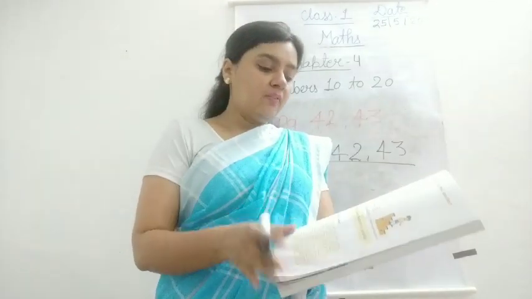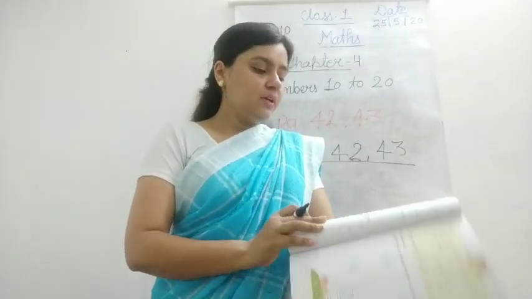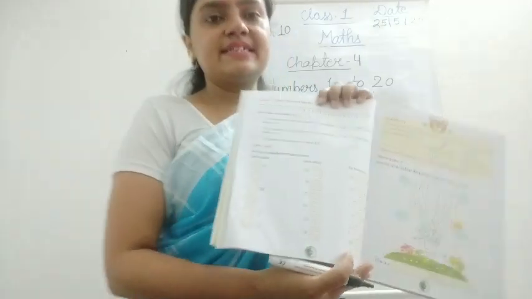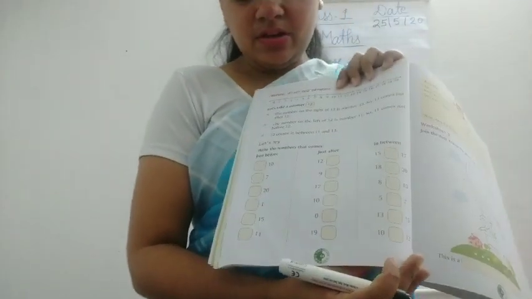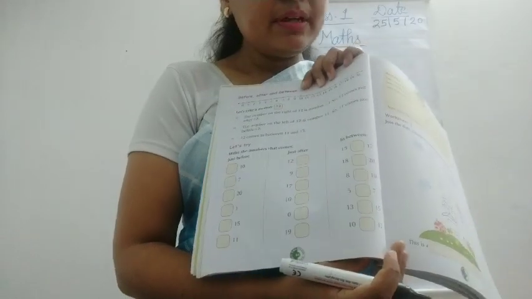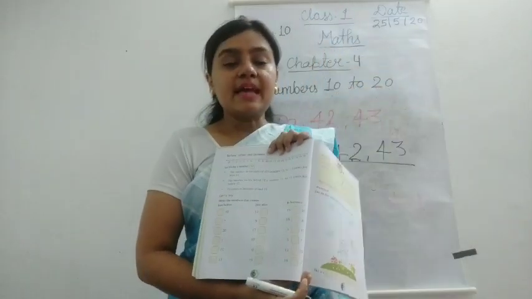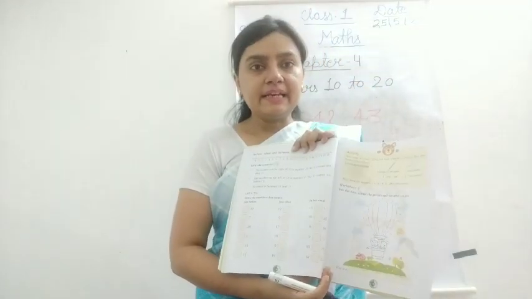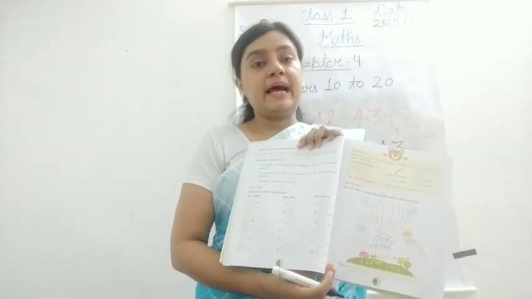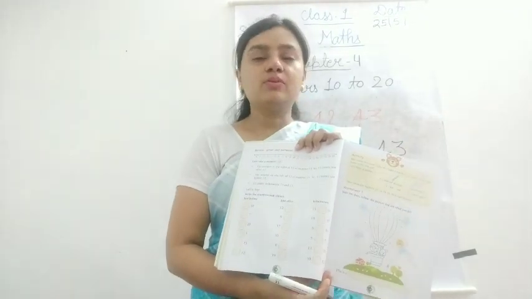Along with that, a very easy exercise is there: number just after, number just before, numbers in between. This type of exercise we already did in chapter number 2, and I explained how to do this.